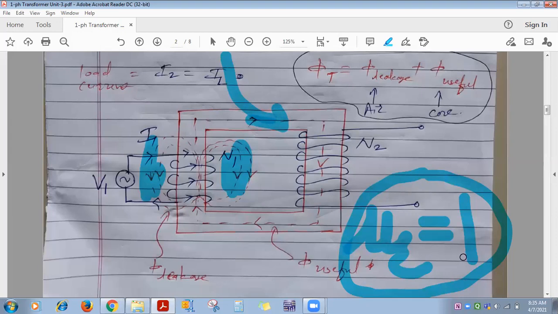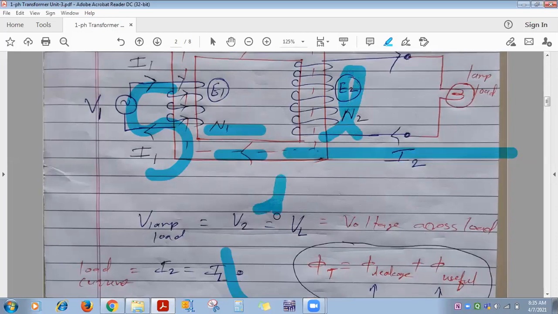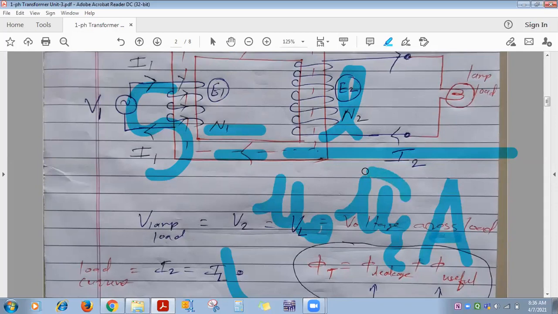It is not 0. So what about the opposition offered to the flow of flux? Reluctance S is equal to L divided by mu 0 mu r A. As for air, the relative permeability is very, very less, equal to 1. So the opposition offered to the flow of flux will be very high compared to silicon steel.